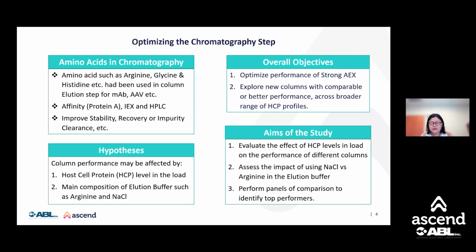To do this, we aim to select a few columns, evaluate the impact of HCP levels in load, compare sodium chloride versus arginine in the elution buffer, and then carry out panels of comparison to identify the top performers.